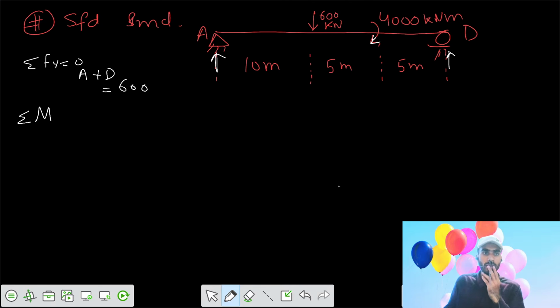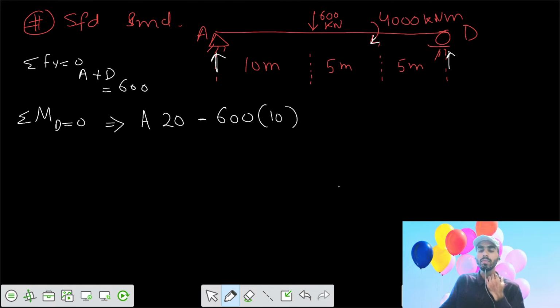Now we can say summation of moments at D equals 0, which implies A into 20 clockwise moment about D, minus 600 anti-clockwise at a distance of 10, and a clockwise moment of 4000 kilonewton meter equals 0.